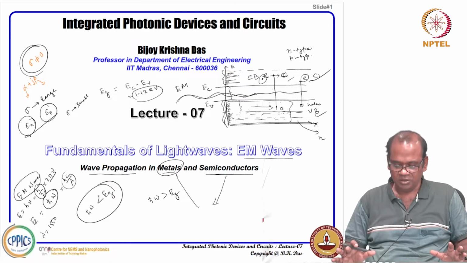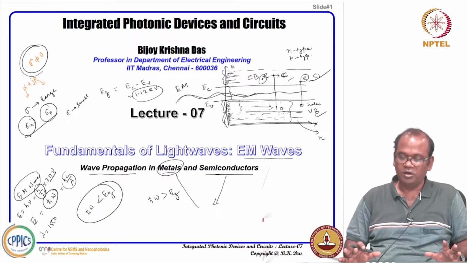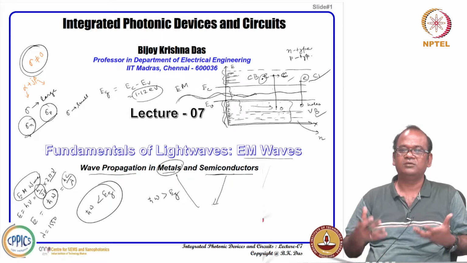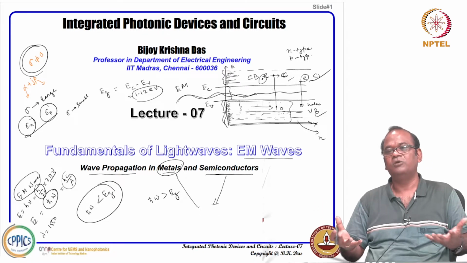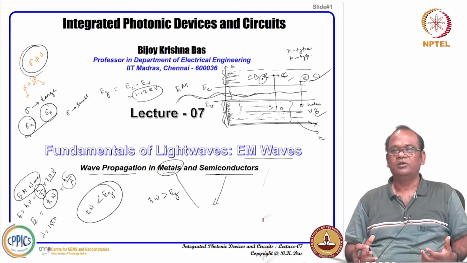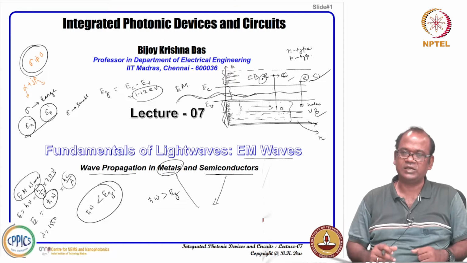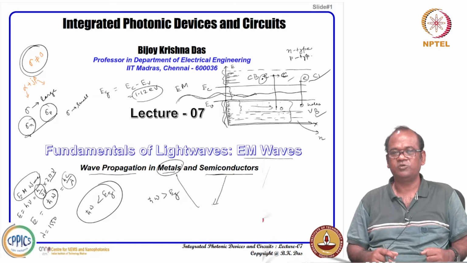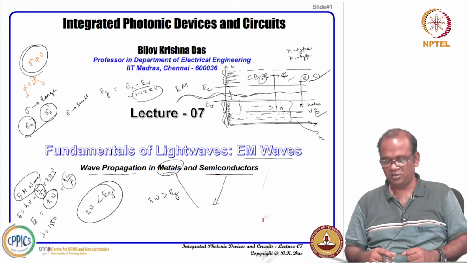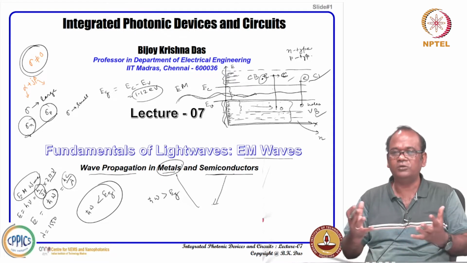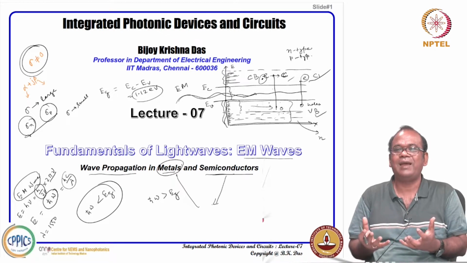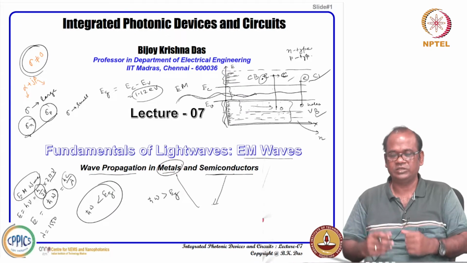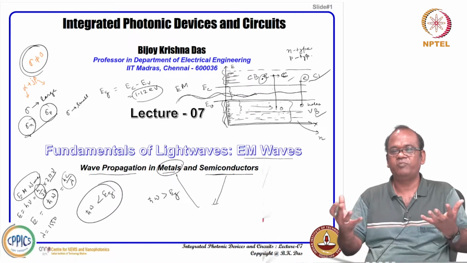We need to discuss all this, because we have to deal with semiconductor, dielectric material and metal for developing photonic integrated circuits, especially CMOS electronics and CMOS compatible photonic circuits. So, we need to know how all these materials behave as a function of frequency as far as light wave propagation is concerned.